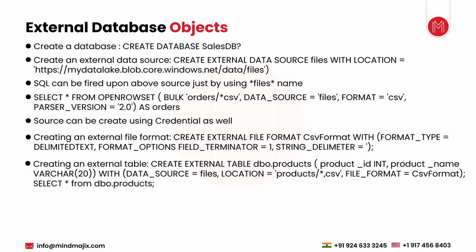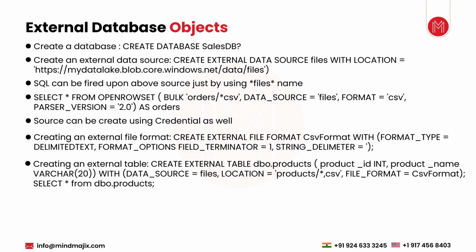CSV in general stands for comma separated. But if you want to change that comma to some hyphen character, you can create that CSV format with a hyphen field terminator and string delimiter as a double quote. So here all the CSVs will be looking for a hyphen character.